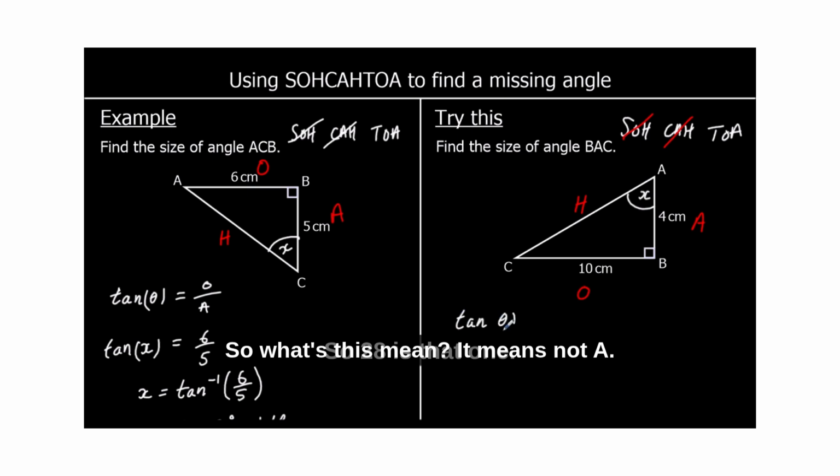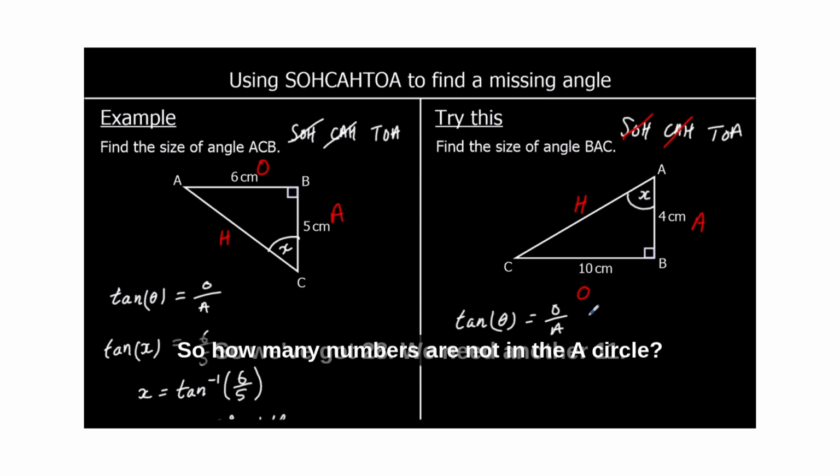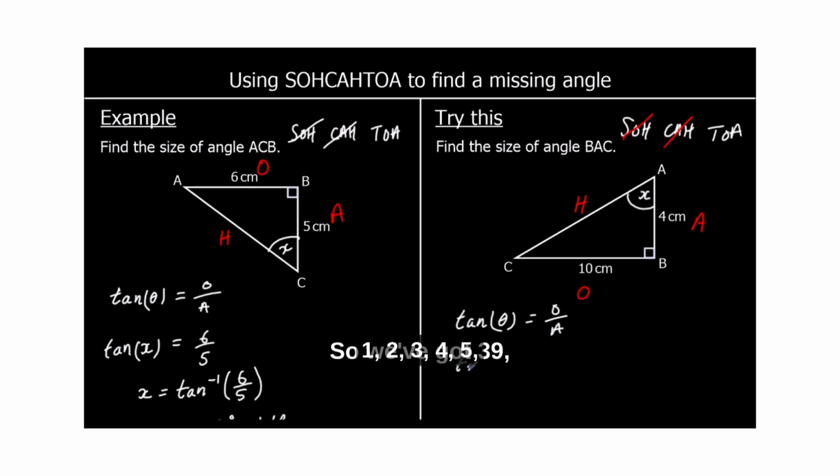Tan theta is O over A. Substituting in what we've got in this question, that would be tan x equals 10 over 4. So to get x by itself, shift tan.